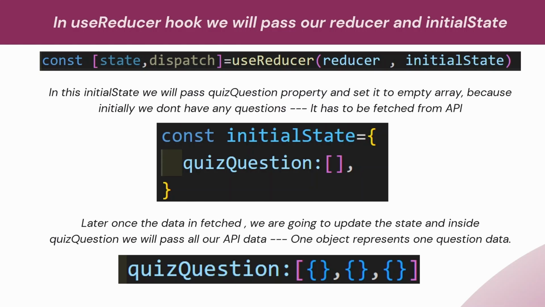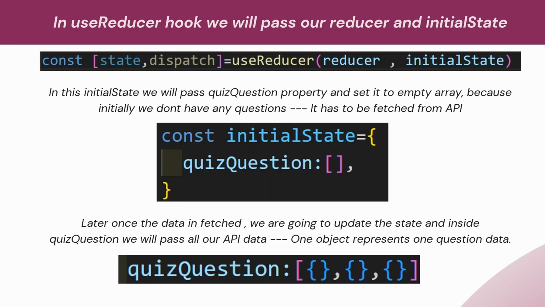So inside that, we are going to have question, then we are going to have our four options, and then we are going to have the property where it will mention what option is correct. Also, we will be having points property. So each object will be having one question data. Later on, we are going to loop through this data, and we are going to render on a screen.